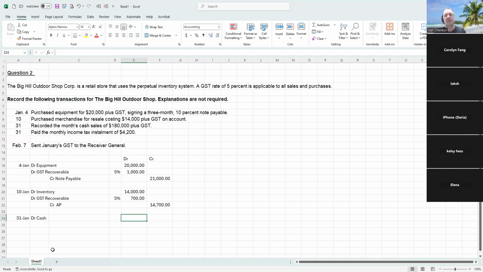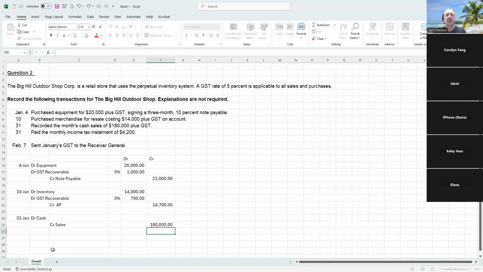Shall we go with cash now or should I leave it as a calculation? Let's see why I'm getting cash. What did I do? Sales. So let's get the credit on the sales. How much are my sales? 180,000.